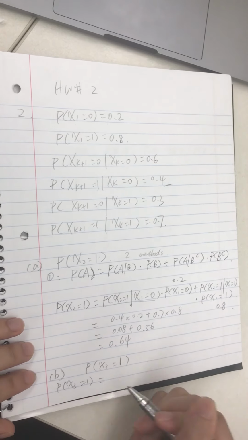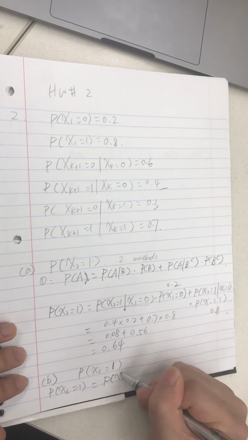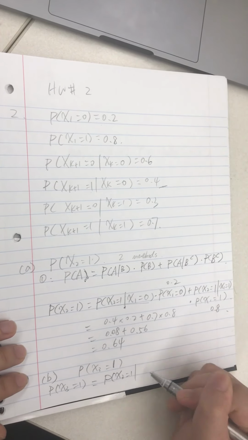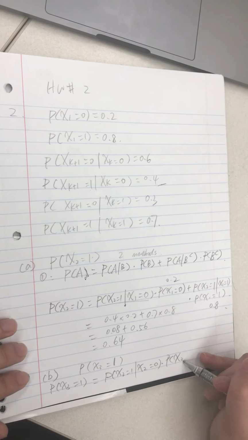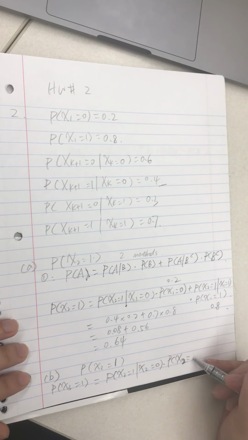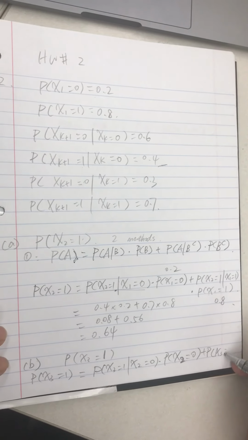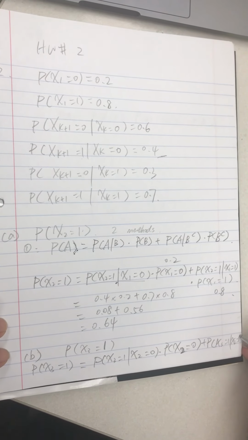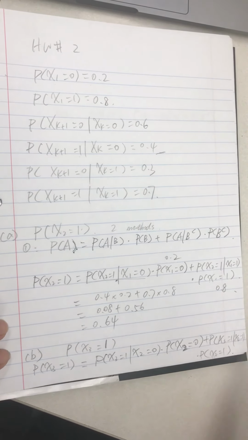The probability of x3 equals 1 is the probability of x3 equals 1 given x2 equals 0 times the probability of x2 equals 0, plus the probability of x3 equals 1 given x2 equals 1 times the probability of x2 equals 1.